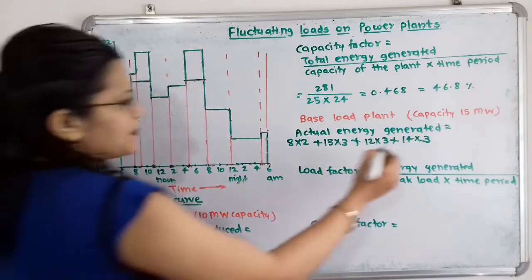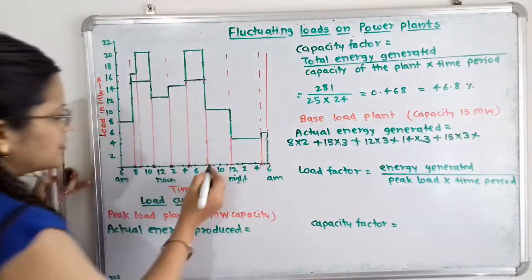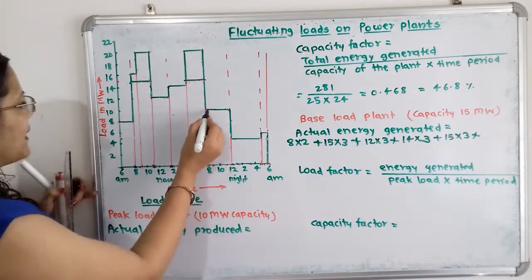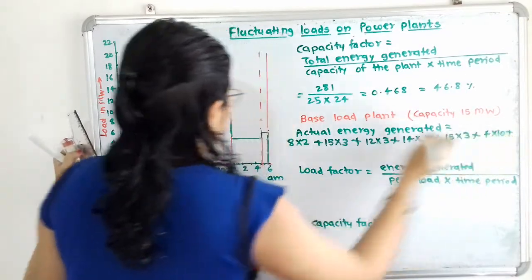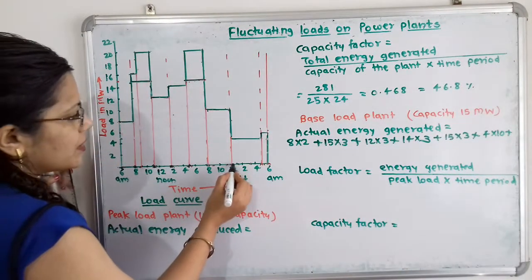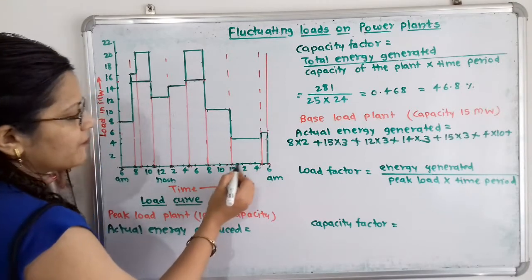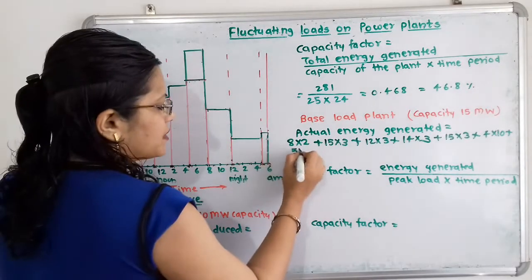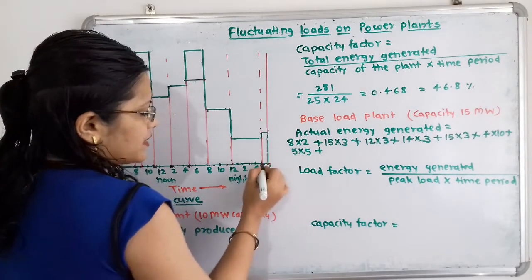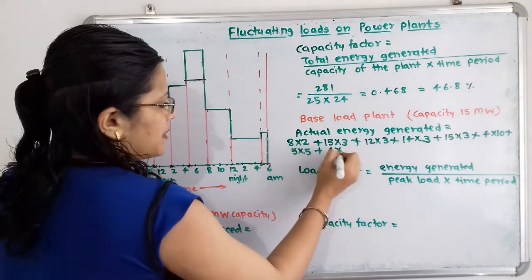So 15 multiplied by 3 plus again here 4 multiplied by 10 plus here this total is 12 to 5, that is total 5 hours, and this load is also 5, that is 5 multiplied by 5 plus here is 1 hour and load is 6 megawatt. So 6 multiplied by 1.